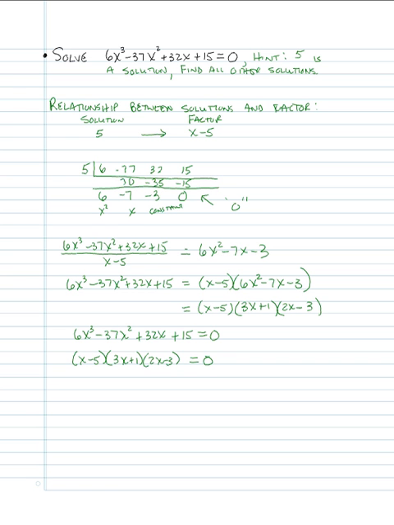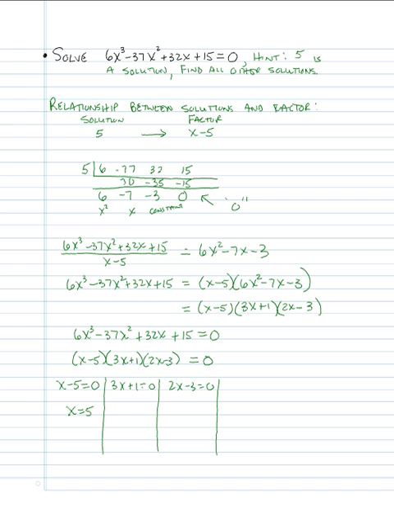And once we have that factored, then we ought to be able to solve, because we simply set each of the factors to 0, don't we? And of course, here at x minus 5 equals 0, we'd simply add 5 to both sides.